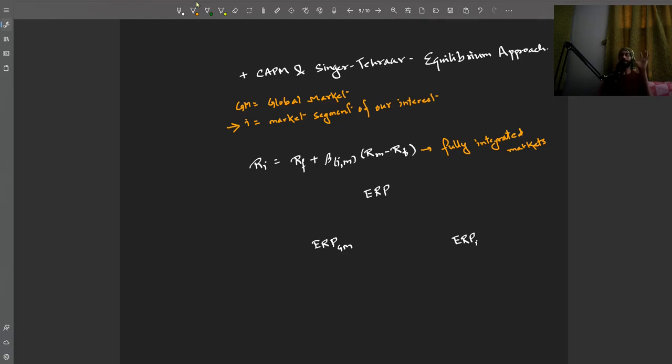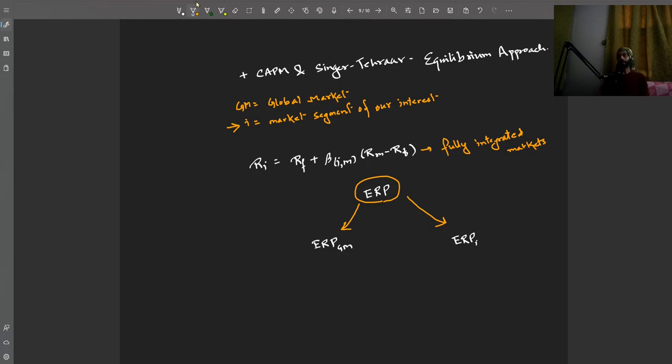No matter how free the capital flows are, there can be certain constraints, due to economic reasons, due to geopolitical reasons, etc. So the equity risk premium, the difference between the risk-free rate and the market rate, is bifurcated into two parts. One is the equity risk premium of the global markets, and the second is the equity risk premium of the individual market segment, country or state that you are looking at.